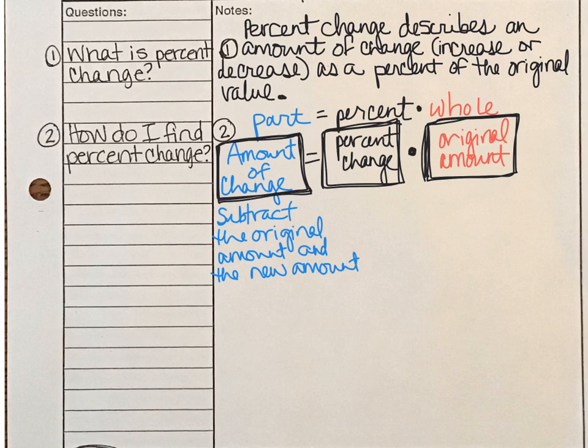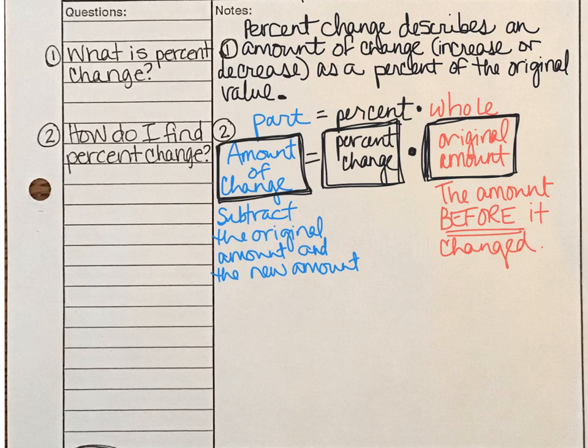The original amount is defined as the amount before that value changed. So what was that value before there was any sort of a change to it? Let's work through an example together.